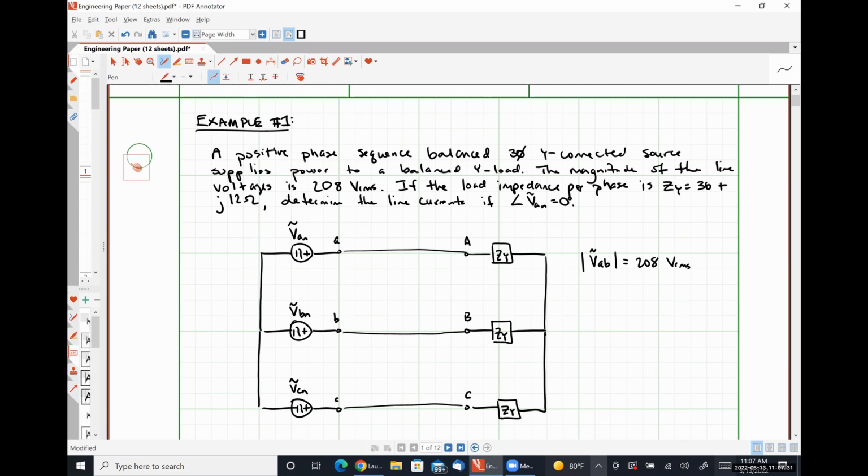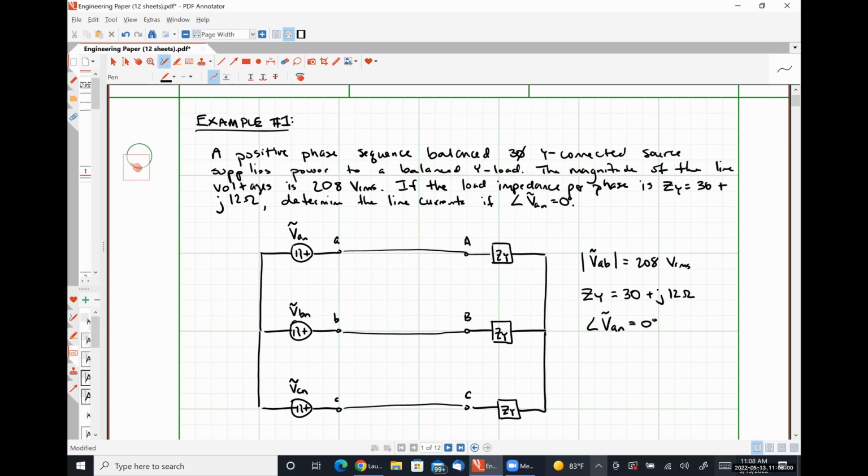Our load impedance per phase, ZY, is 36 plus j12. And we are told that the angle of voltage VAN is 0 degrees. So these are the three things that are given to us.